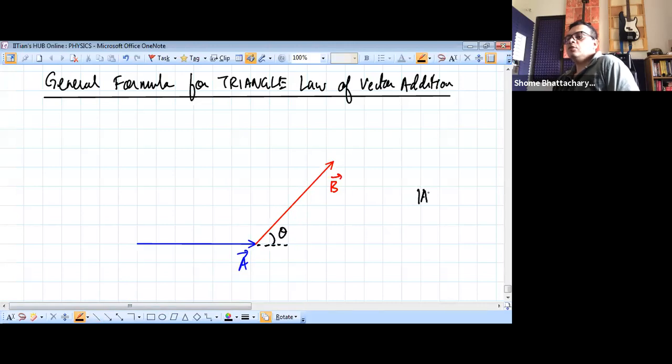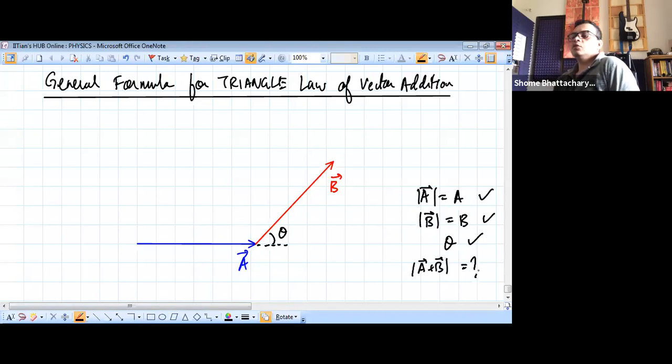So magnitude of vector A, which we denote with a simple symbol capital A, is a known quantity. Magnitude of vector B is a known quantity. The angle theta is known. Now, how to find out magnitude of A plus B? How to calculate this? Okay.